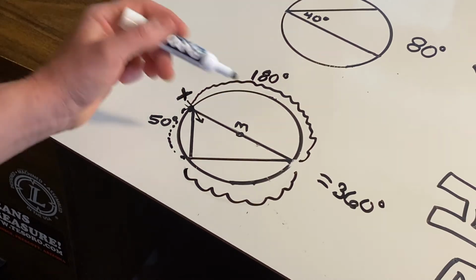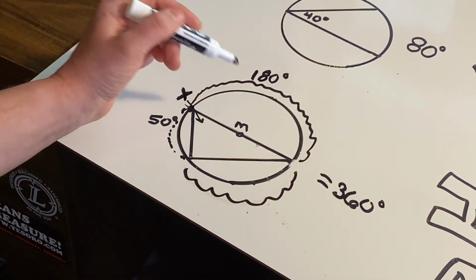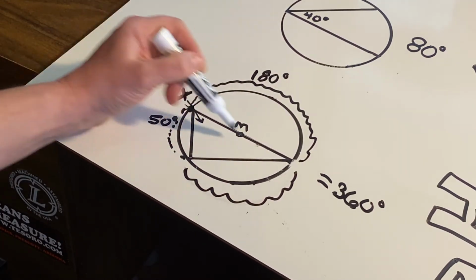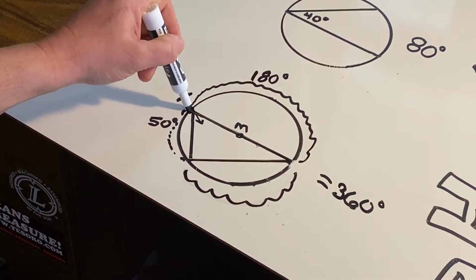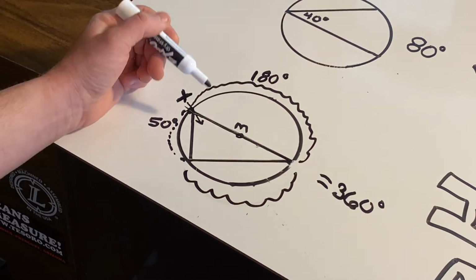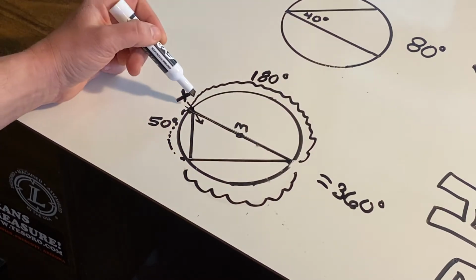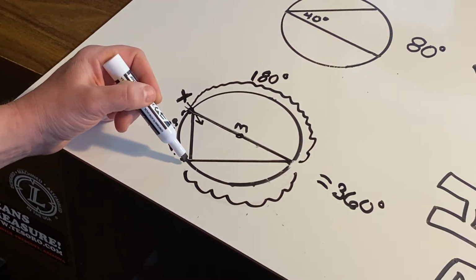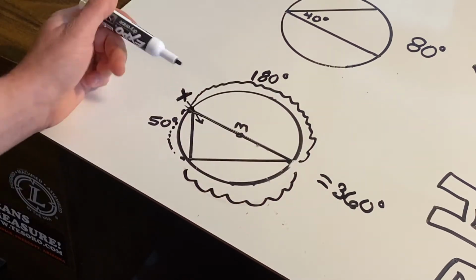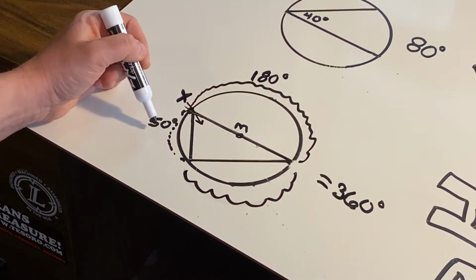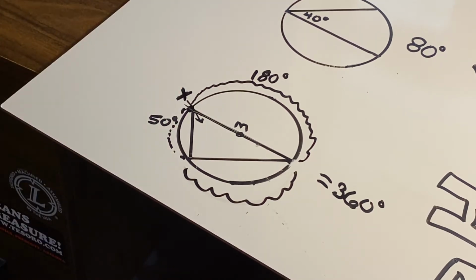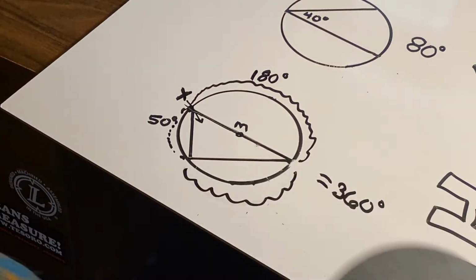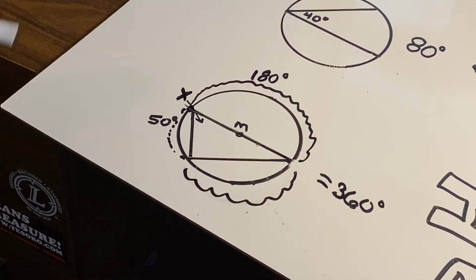So we take into account that this side is 180 degrees because the circle is cut directly through the midpoint of the circle. So 180 degrees, this is 50. A complete circle is made up of 360 degrees. Add these two up, get your total. 180 plus 50 gives us 230 degrees.